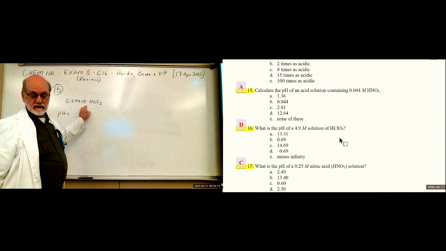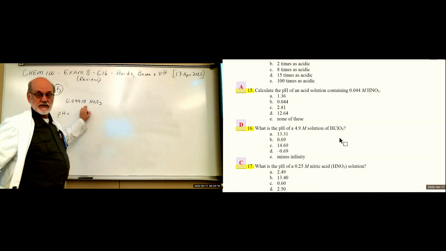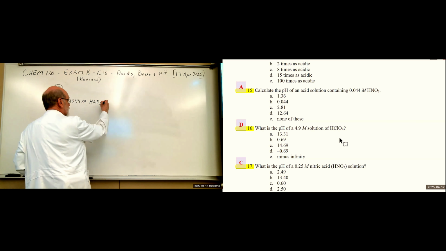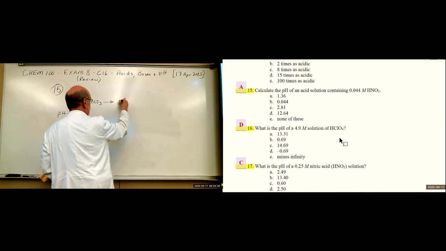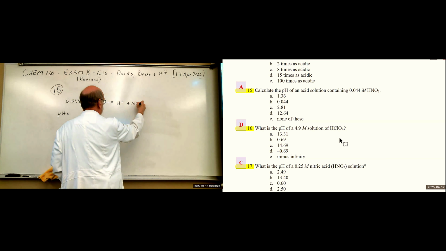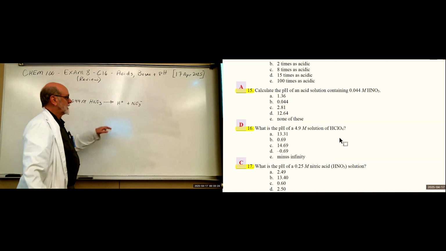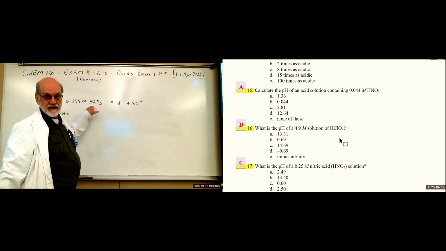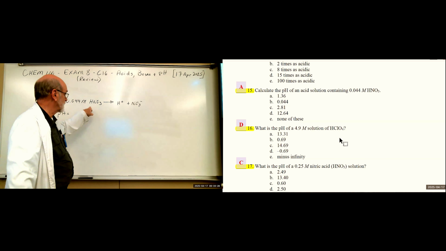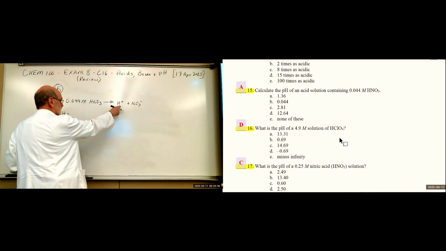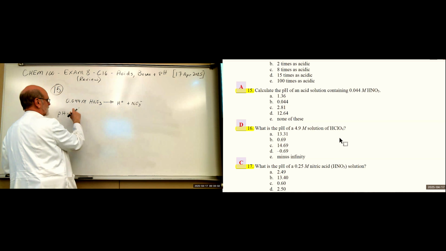Is that a strong acid? And I'm talking about so strong that it produces H plus and NO3 minus, and there's nothing of the HNO3 left. If that's the case, then this concentration is the same as that concentration.